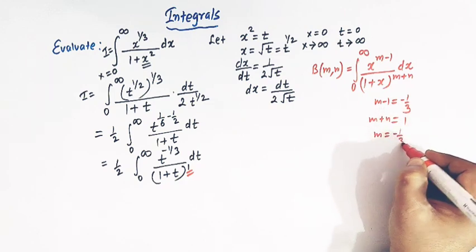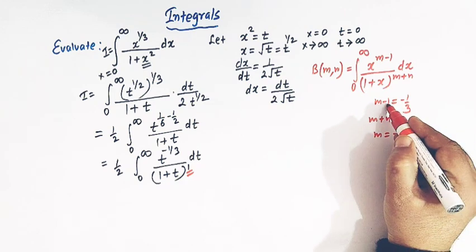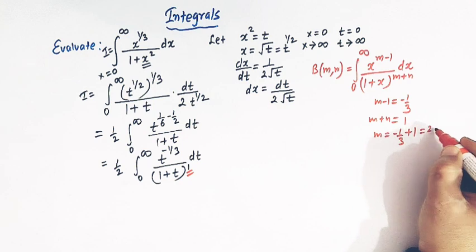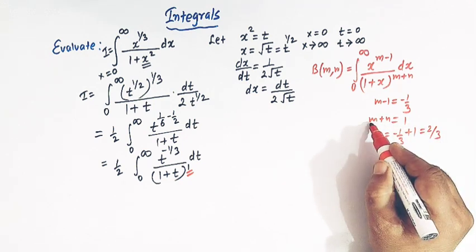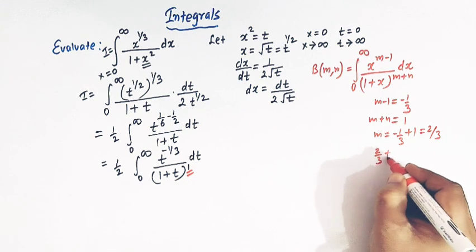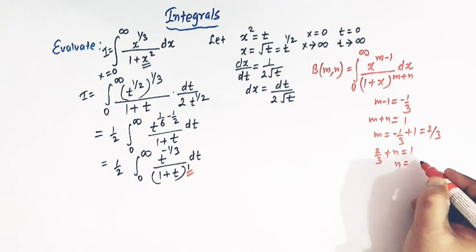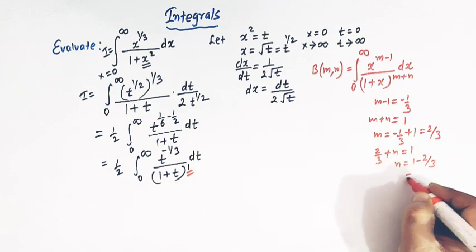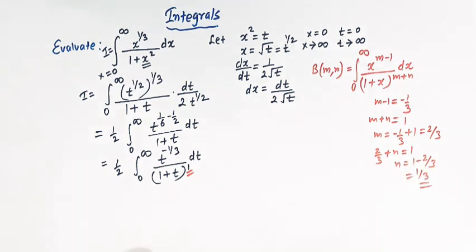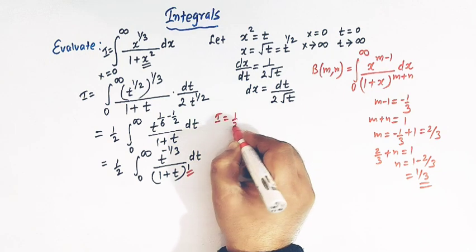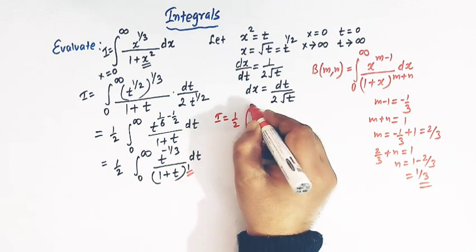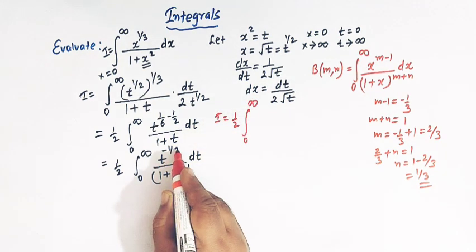So we have minus 1 by 3 plus 1, solving this one. So this is simply 2 by 3. Taking m is equal to 2 by 3 in this equation, we have 2 by 3 plus n is equal to 1. So n is 1 minus 2 by 3, that is equal to 1 by 3. So now this integral I takes the form half 0 to infinity t raised to minus 1 by 3.